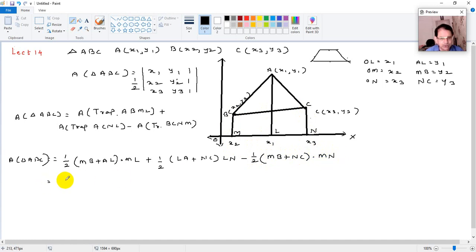Now all these values you have. So it is 1/2. Now what is MB? See we have written MB is y2, M to B is y2. What is AL? See we have written AL is y1. So y2 plus y1 into ML.